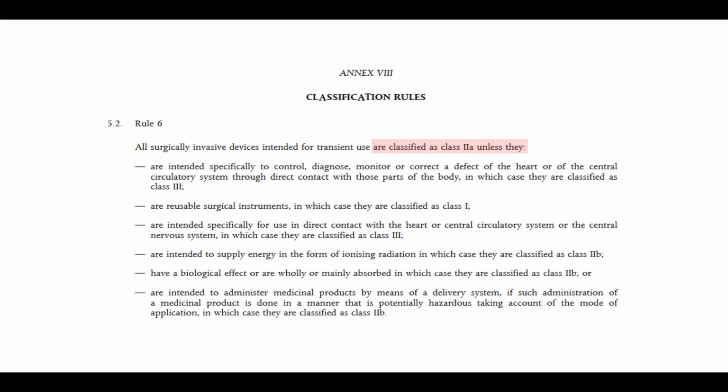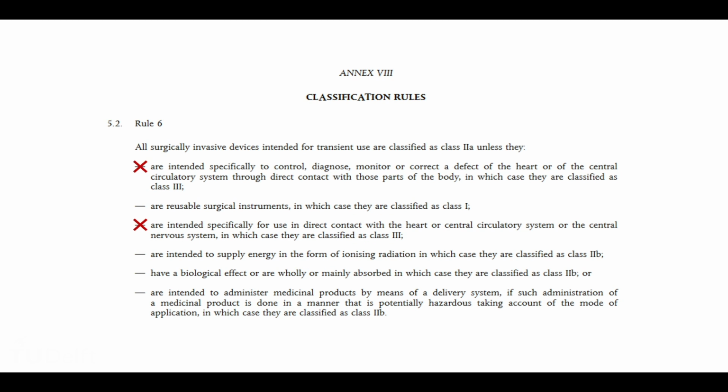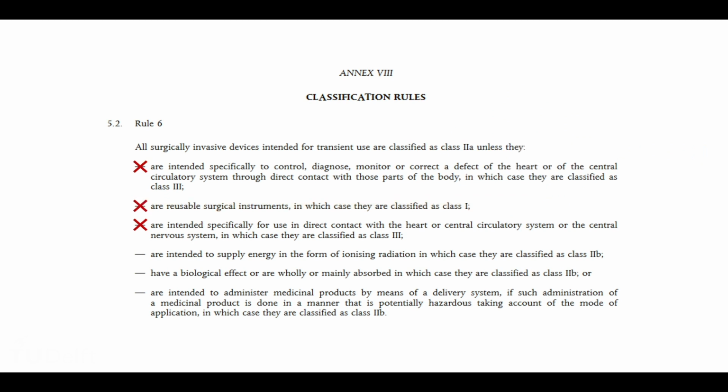Now let's check the specifics. All surgically invasive devices for transient use are a 2A device with some exceptions. If meant for the heart or central nervous system, it's a Class 3. That's not the case. If the device is reusable, it is a Class 1, but our stapler is disposable.